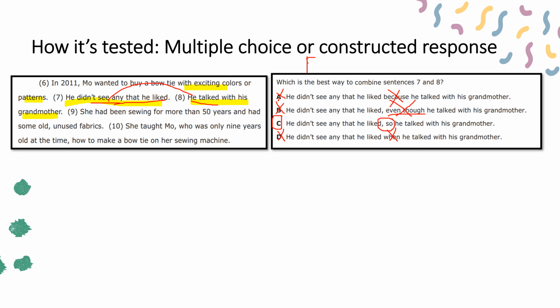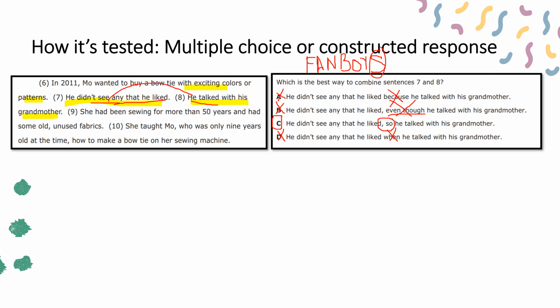It didn't use the for, it didn't use the and, didn't use nor, didn't use but, or, yet. It used the so. It used the S in fanboys. And we know that so is a result. So he didn't see any that he liked. So the result of that was he went and talked to his grandmother.